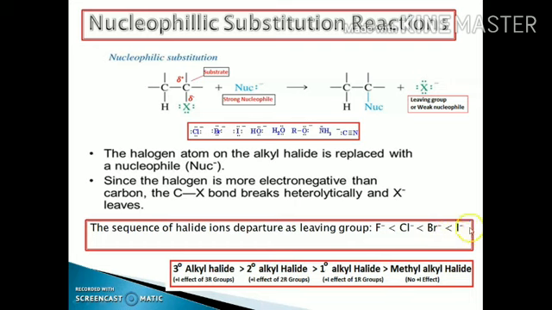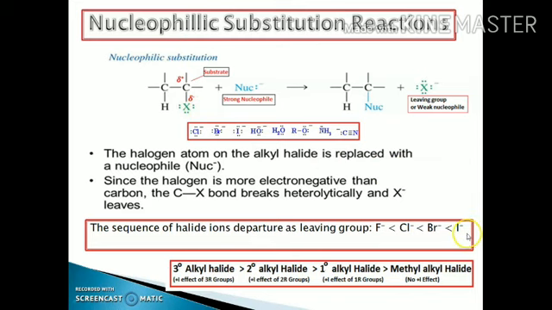It means iodide is a better leaving group and fluoride is a poor leaving group. This is directly correlated to the carbon-halogen bond energy. The difference in the reactivity of the various haloalkanes should be in the order of decrease in carbon-halogen bond strength. This helps to account for the relative order of reactivity of the haloalkanes.